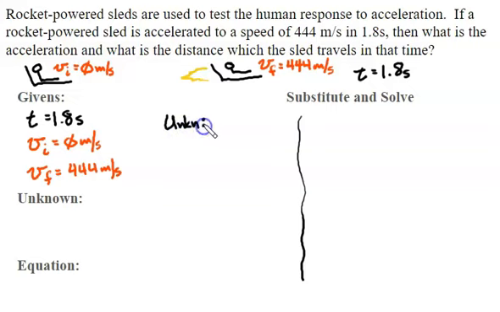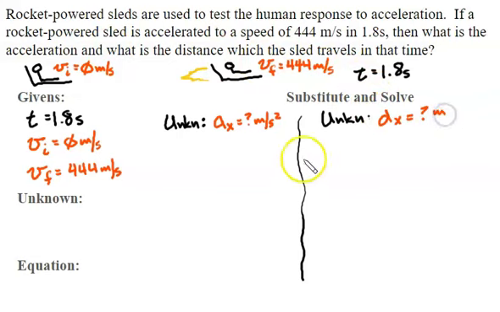So I'm going to identify the acceleration in the x, question mark, meters per second squared. My second question, my unknown, is going to be displacement in the x. And that's going to be in meters.